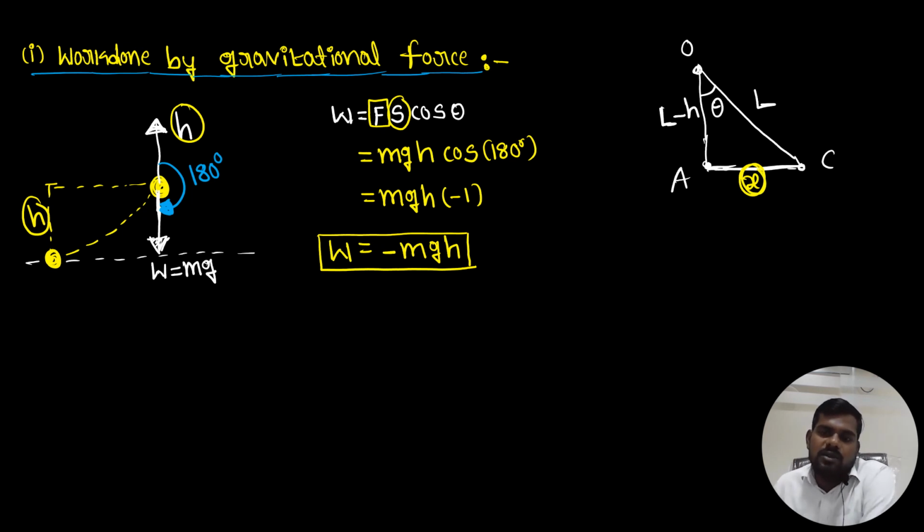So how to find H? First I will take the cos theta formula. Cos theta is the adjacent side divided by the hypotenuse.